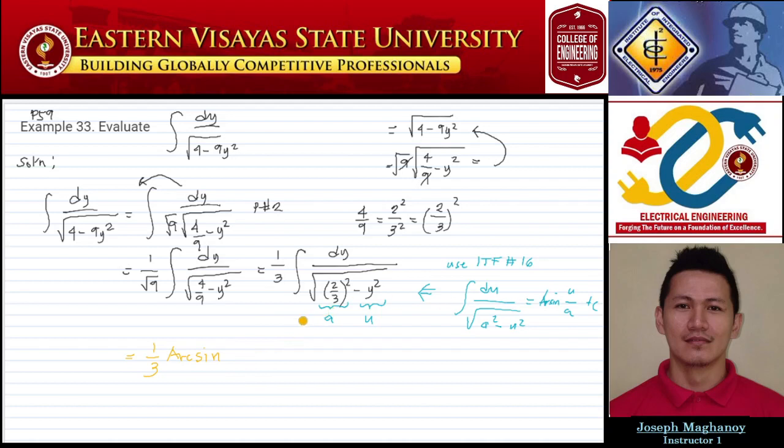What is our a? 2/3 plus c. Going to rationalize our fraction, our final answer is 1/3 arc sine 3y squared over 2 plus c. Okay, that is your final answer for your example number 33.